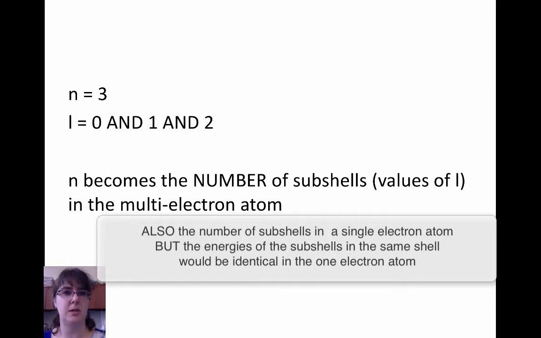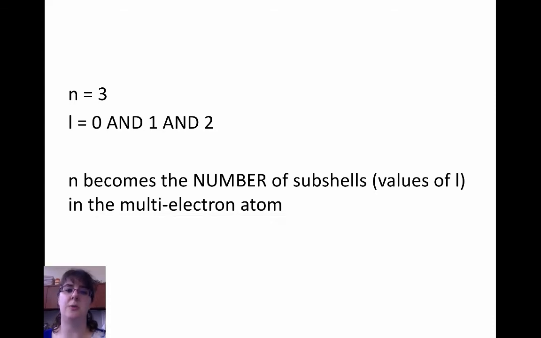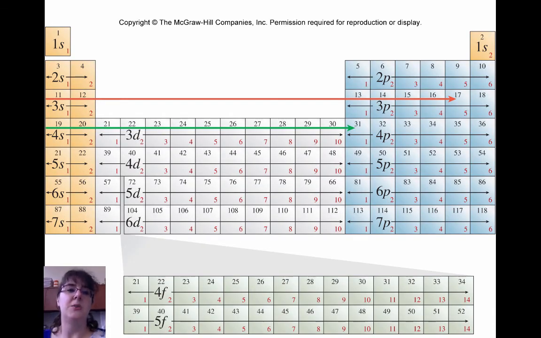So when n equals 3, you have 3 different values of L, 0 and 1 and 2. In this way, n actually becomes the number of subshells in a multi-electron atom. So not just the energy level number, but it relates to the number of subshells that you have.